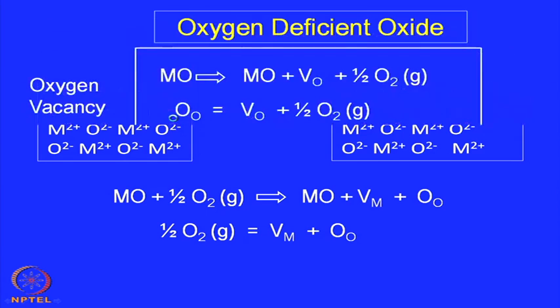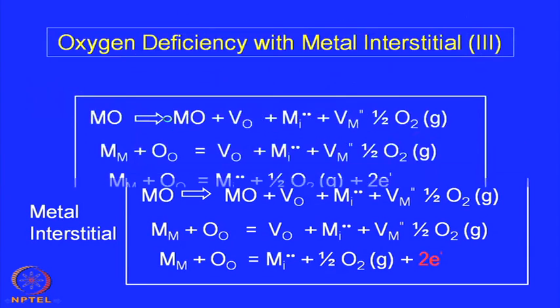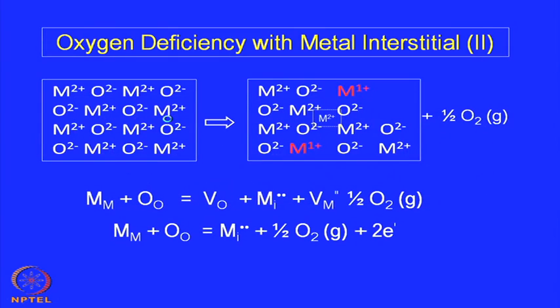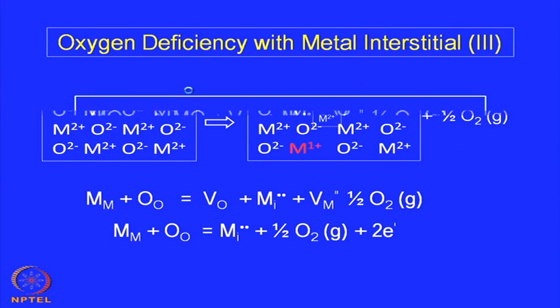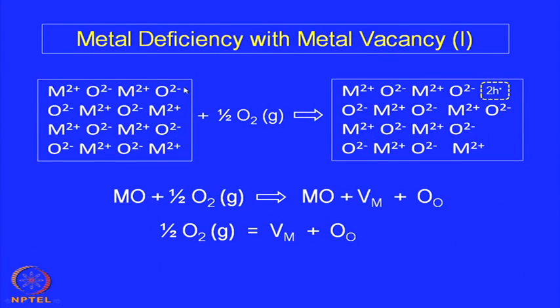If you remember, in both these cases we were releasing oxygen, oxygen was on the right and now oxygen is on the left. So, we are adding oxygen and oxygen goes into this lattice in the form of a metal vacancy. Or if you add extra oxygen, corresponding metal you are not adding. So, metal vacancies are created.